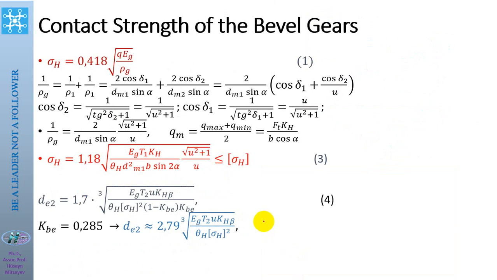Contact strength of bevel gears is calculated according to the Hertz equations. This is the Hertz equation. q is the distribution load, Eg is the equivalent modulus of elasticity, and rho g is the equivalent radius of curvature of the tooth profile.